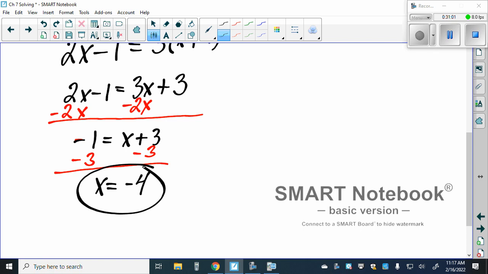Because now we just need to subtract it over. And actually if we wanted to, we could have graphed that and see where it crosses the x-axis and it'd be at -4. And the reason we don't normally do that is, well, it's just as easy to move it over as it is to graph it. So we don't really save any time.